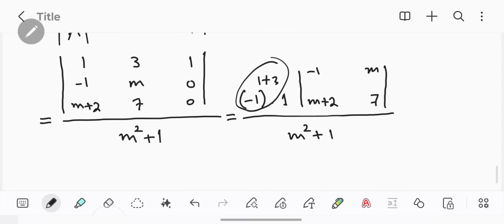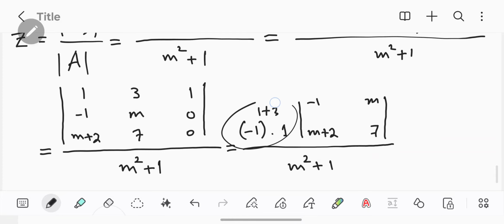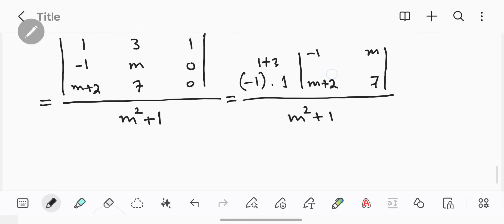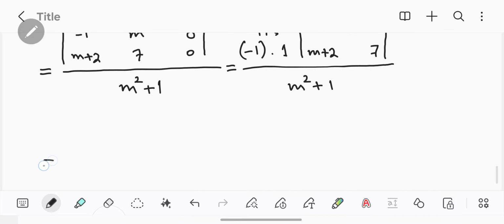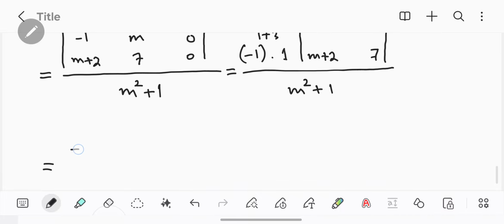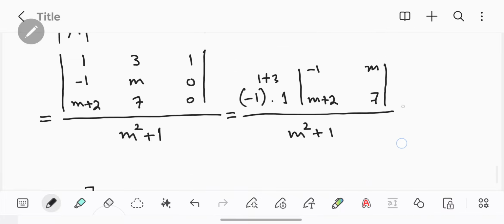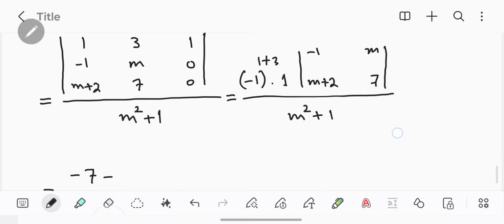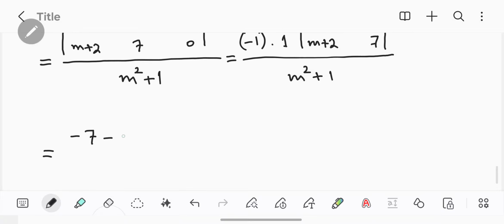This thing is plus 1 because minus 1 to the power 1 plus 3 is 4, which is an even number. So plus 1 is not necessary if you don't write it. So I have only this determinant. Minus 1 times 7 is minus 7, minus the product of these two, which is m times m plus 2, over m squared plus 1.